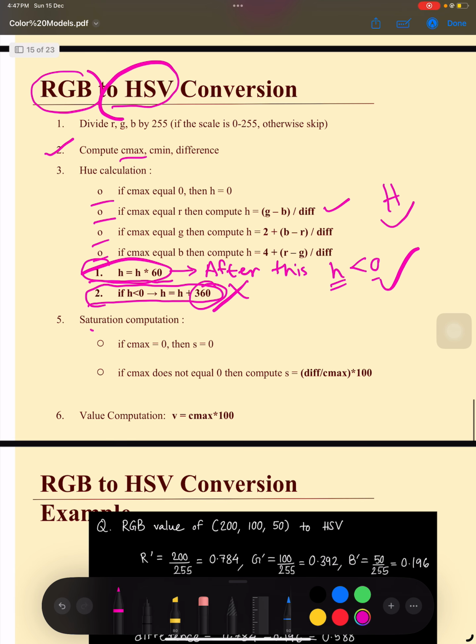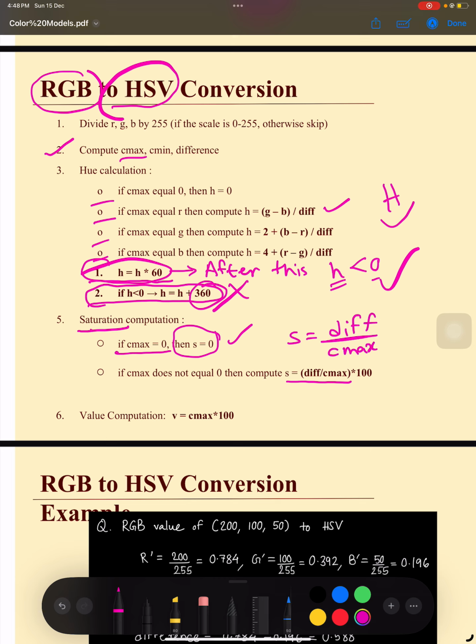Next, in order to find saturation, we see that if my Cmax is 0, then I will just put S equal to 0, and that would be my answer for S. But if not, the formula to find S is simply the difference divided by Cmax.